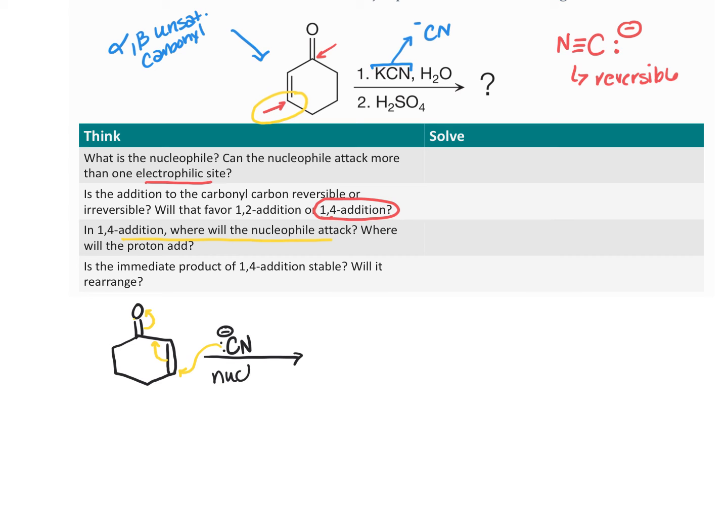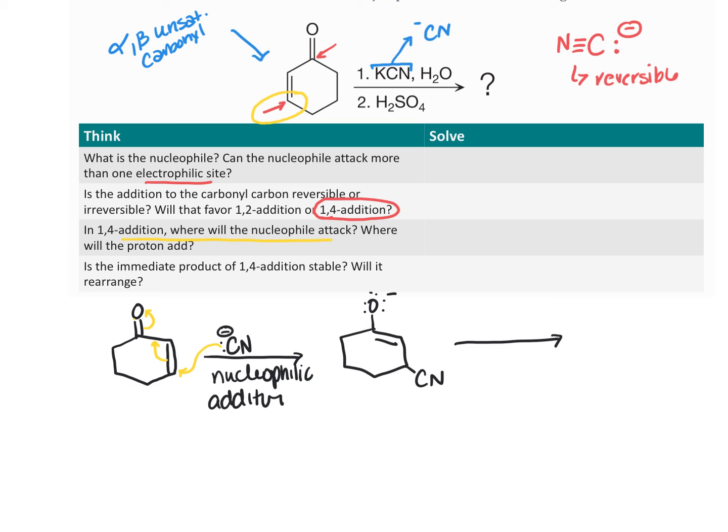This is a nucleophilic addition. And so now we have O minus, CN. And now we know the next step is a proton transfer.